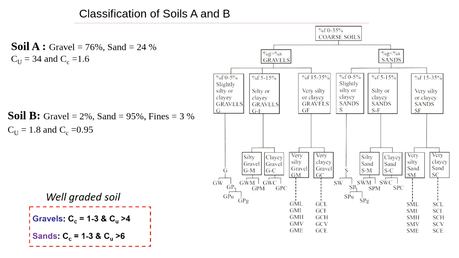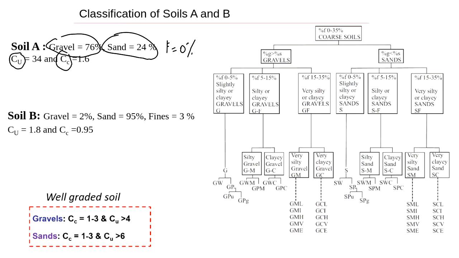Okay, so now we are going to classify these 2 soils, soil A and soil B. This is all the information that we have obtained so far. We look at the percentage of each fraction, right? Remember that for soil A, fines was 0%. And then we also did D10, D30, D60 and soil gradation, and then we obtained those coefficients: coefficient of uniformity and coefficient of curvature.